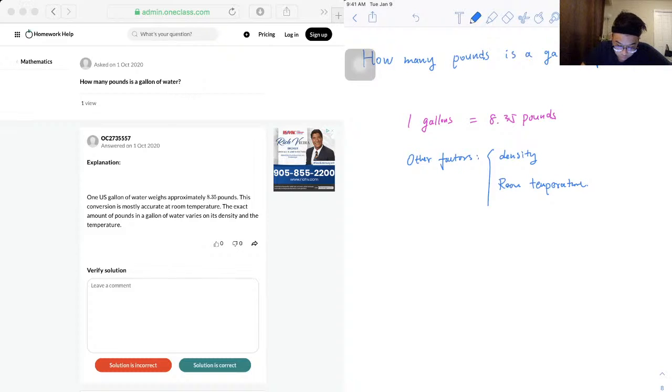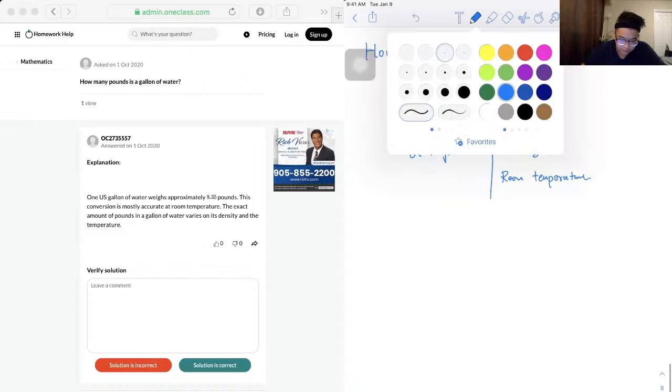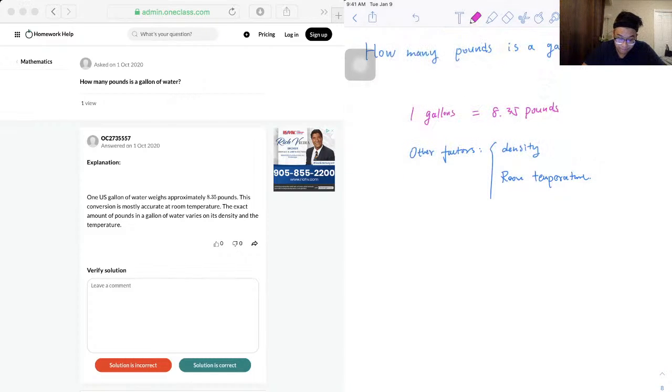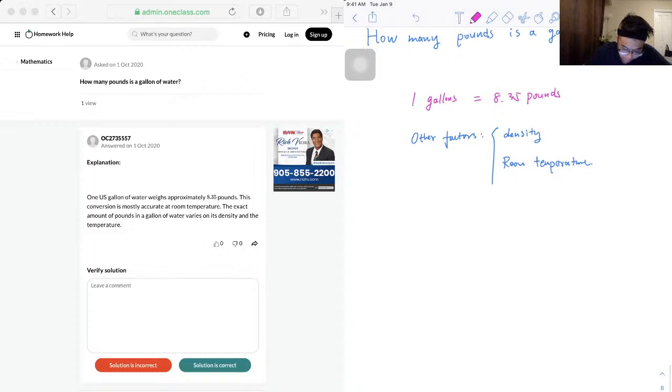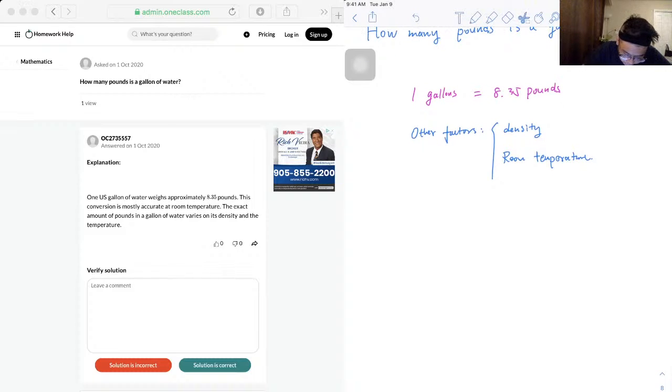So 1 gallon of water is equal to roughly 8.35 pounds. So if the question asks you how many pounds is 5 gallons of water, we just need to times by 5. Because now we have 1 gallon is equal to 8.35.